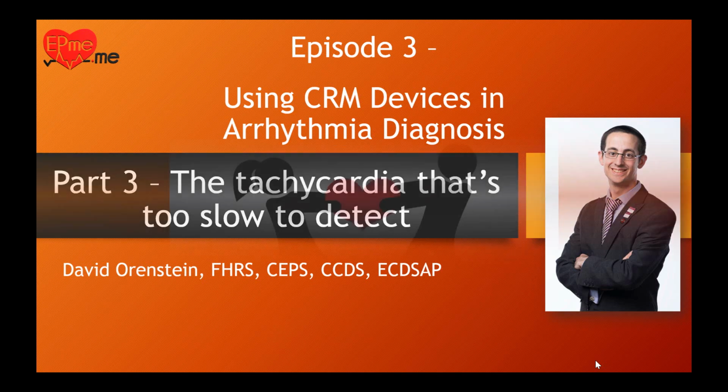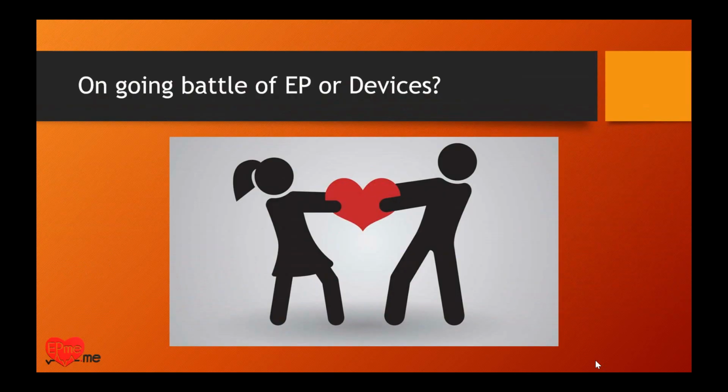Now, as we said, there's an ongoing battle between EP and devices. We've been discussing the use of devices in arrhythmia diagnosis, or EP, previously. But maybe we have to ask ourselves, are we losing our skills and our tools if we're just focusing on devices only or on electrophysiology only?